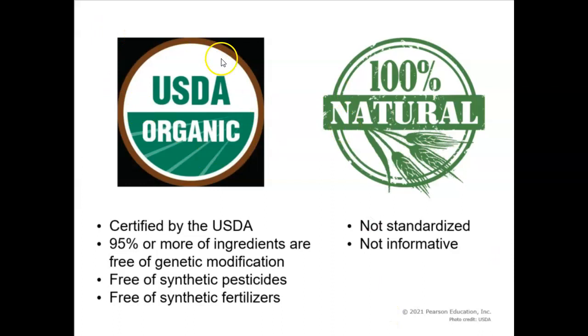Whereas the official USDA organic label is certified by the U.S. Department of Agriculture, and it means that 95% or more of the ingredients are free of genetic modification. Organic foods are also free of synthetic pesticides and free of synthetic fertilizers. So thus the USDA label is going to quickly convey information about the way in which a product or our broccoli is grown.